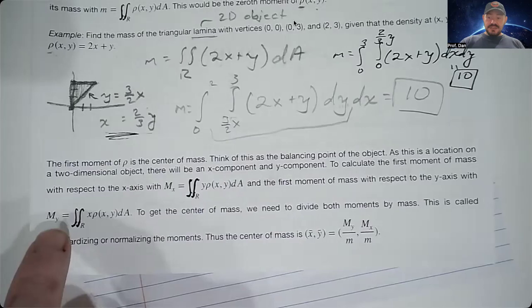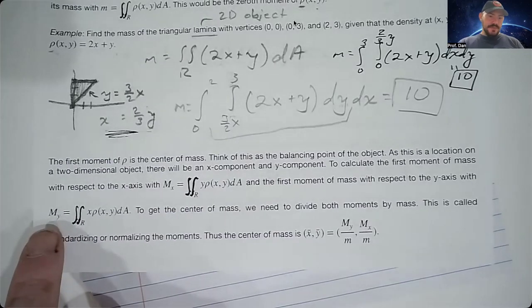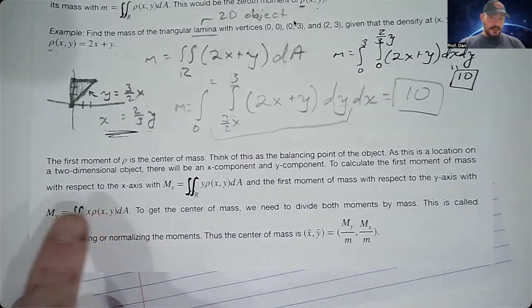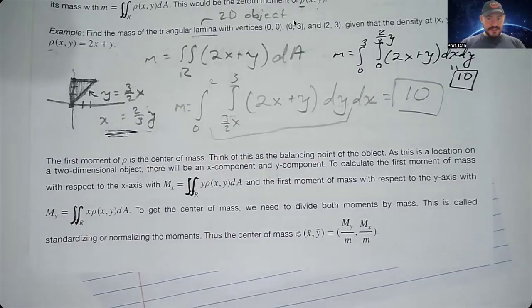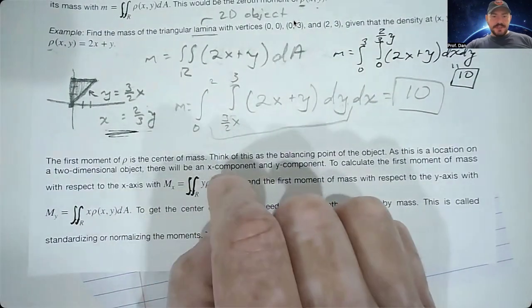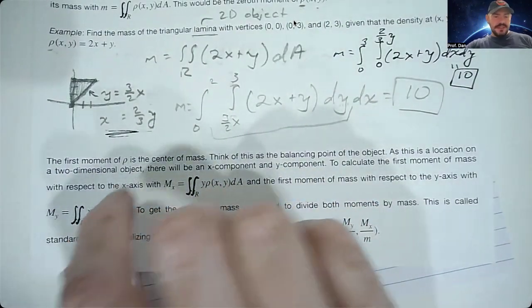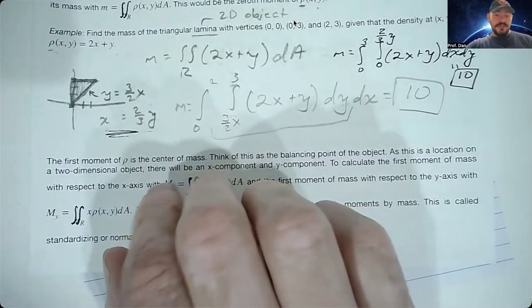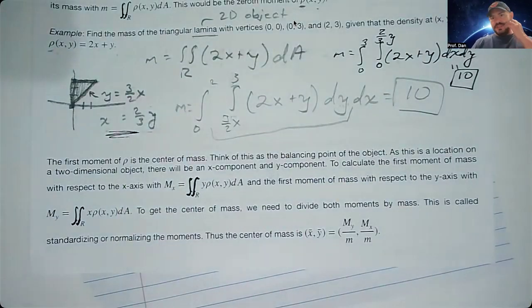Right, and in a similar way, the y component of the first moment, we won't multiply by y, we'll multiply the density function by x. And again, that's because the x coordinate tells us the distance from the y axis, right? So it's a little topsy-turvy, but if you can remember that they're switched, yeah, you'll get through the homework problems easily.